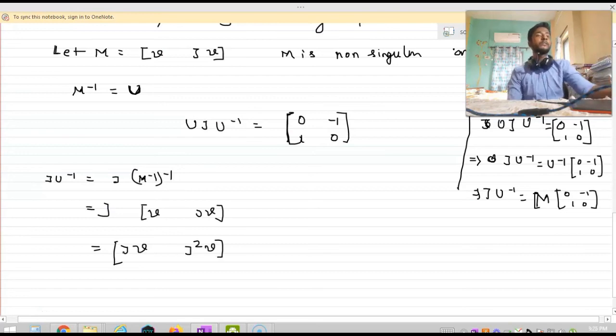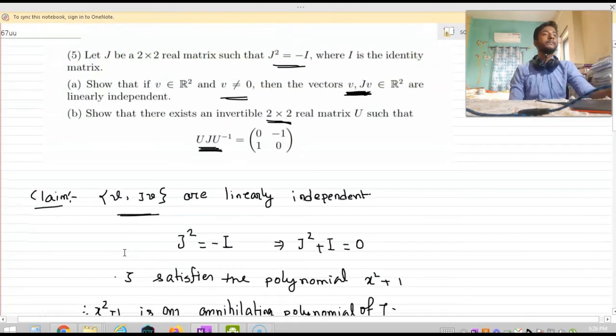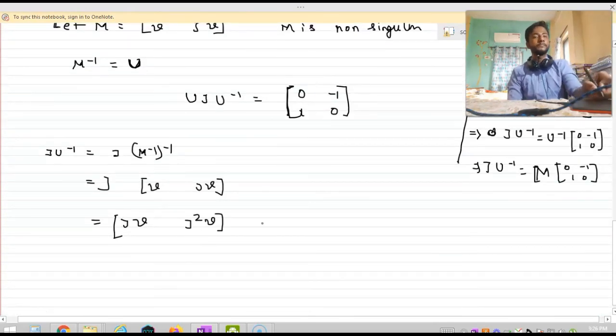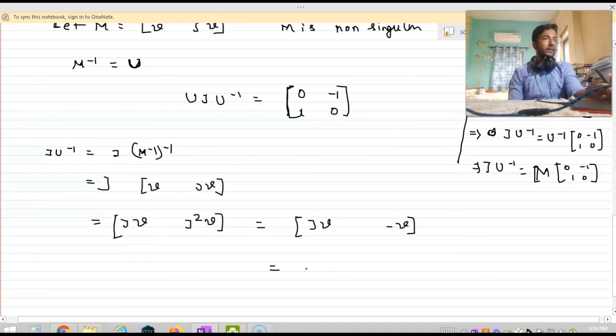What is the value of J square? The value of J square is -1. So this is nothing but [JV, -V].